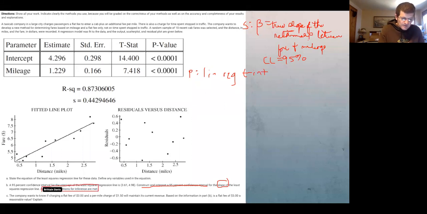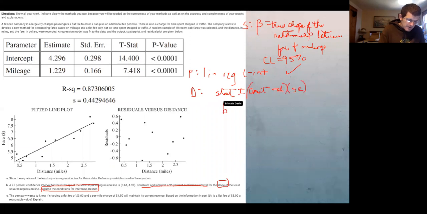So I could say something to that effect. I'm going to put a check mark for right now, but I would maybe want to write a sentence that says conditions for inference have been met according to the problem. This is the heart of the problem. So this is going to be the generic form of stat plus or minus the critical value times the standard error.